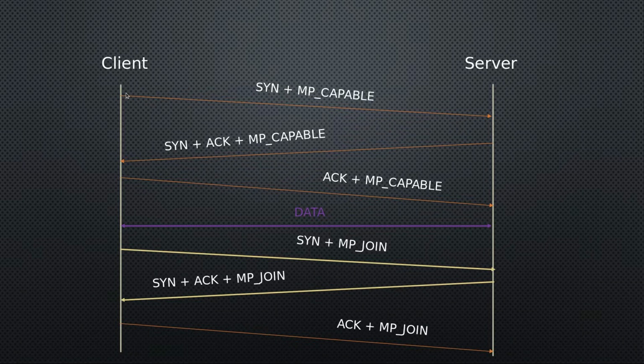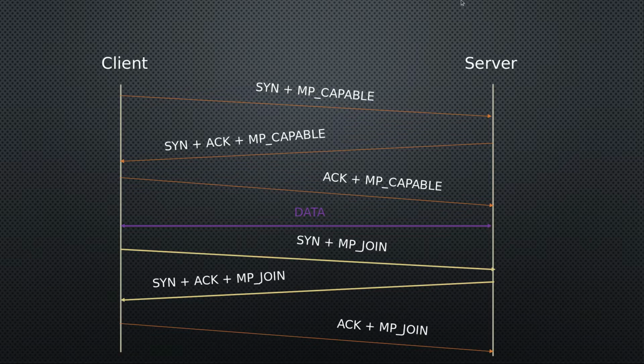In the MPTCP connection establishment, when the client sends the SYN packet, it includes an MP_CAPABLE option. It means that, hey server, I want to make a connection with you, but it is an MPTCP connection. I want to have a multipath connection with you.